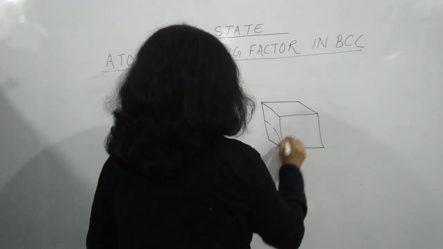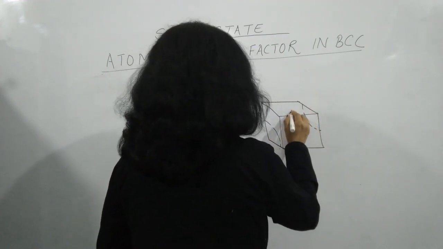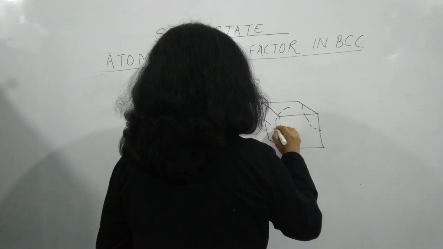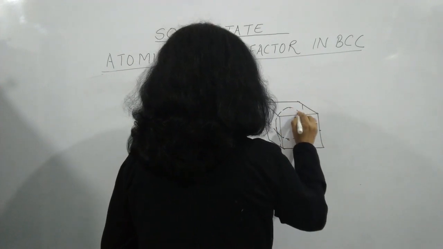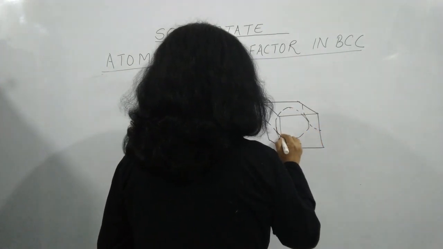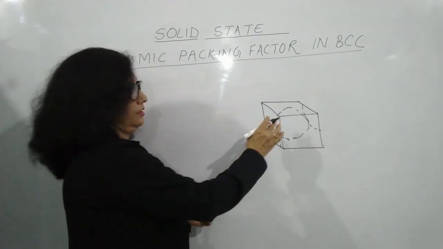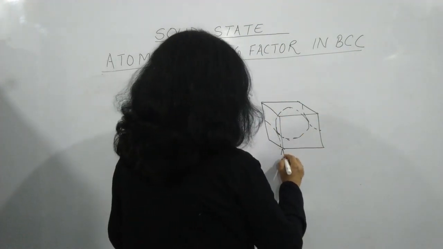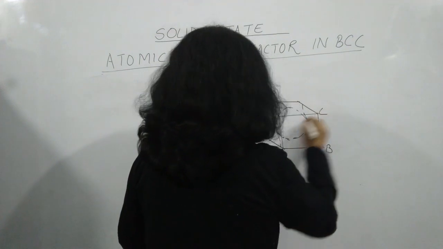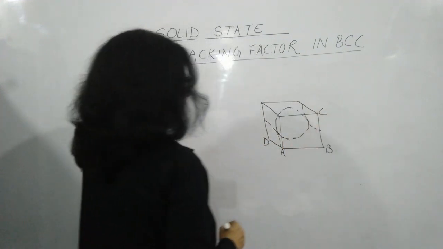So, atom at the corner and atom at the body, one atom at the body, here A, B, C, D.